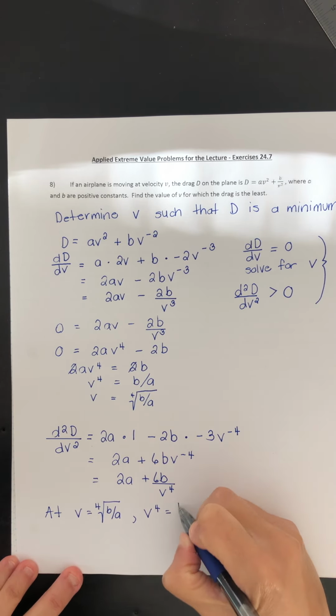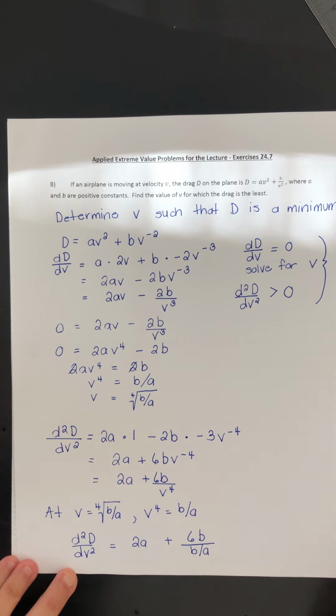And the second derivative is 2a plus 6b over b over a. So that's the same as 2a plus 6a, and it is 8a.